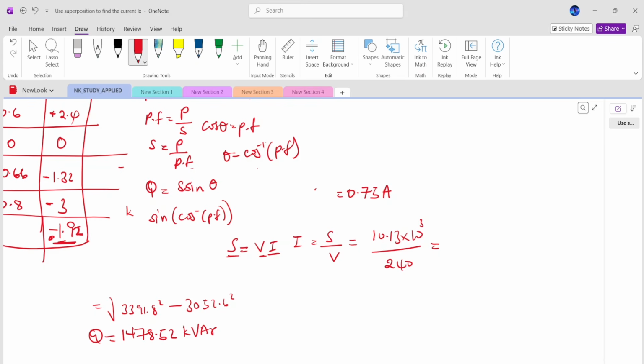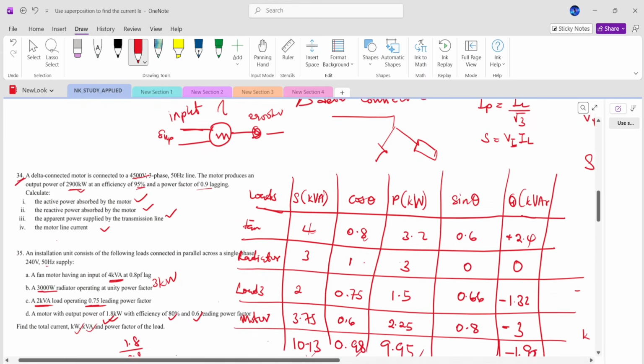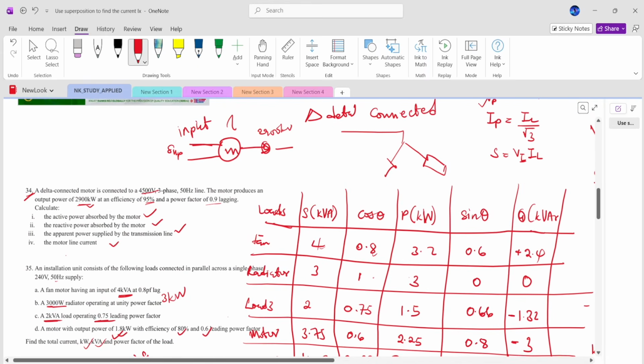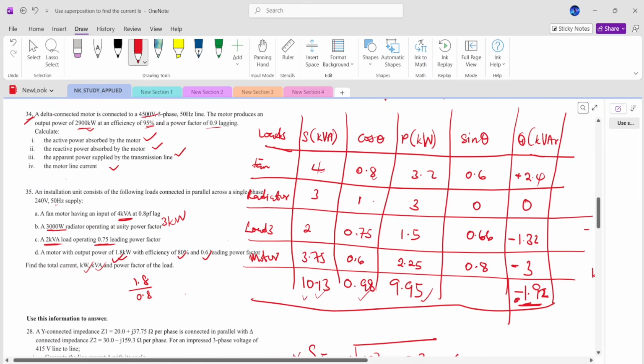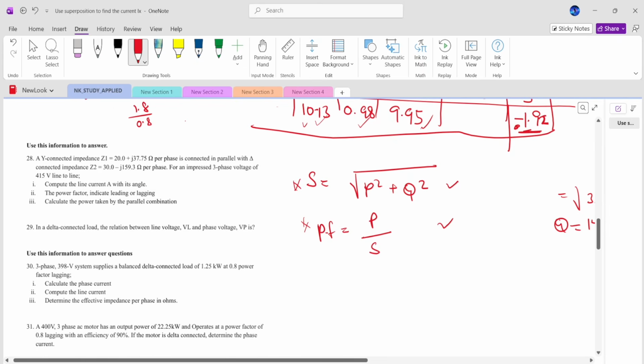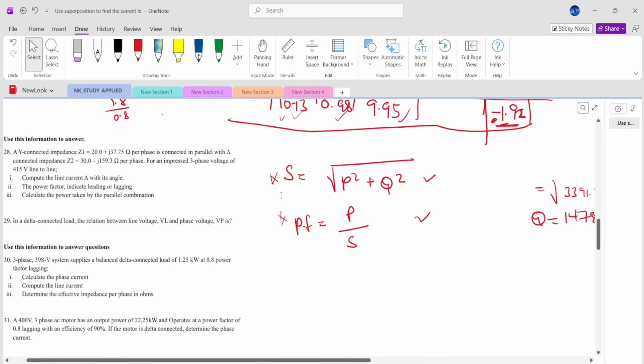That's going to give me 42.2 amperes, right? And that's how you solve a question like this. Wonderful. All right, let's look at the next question.